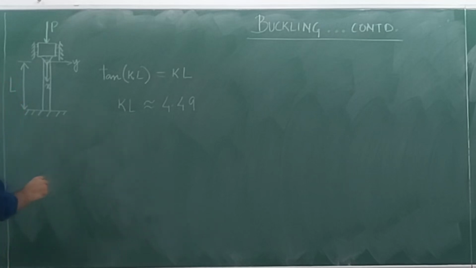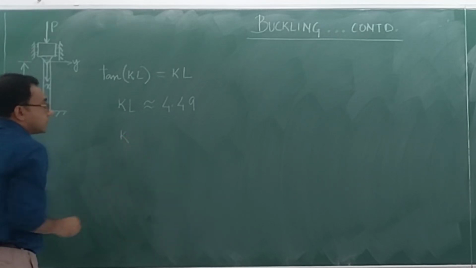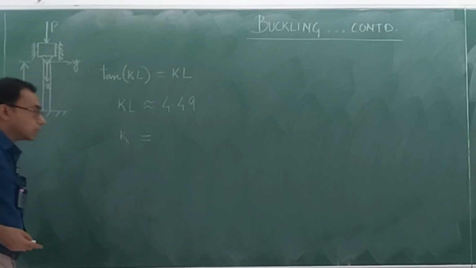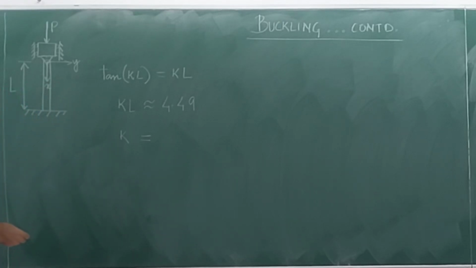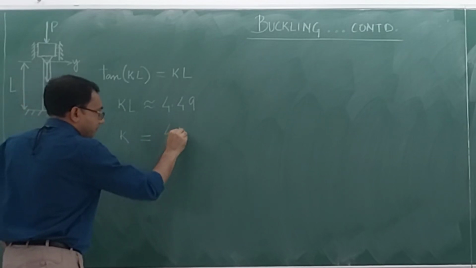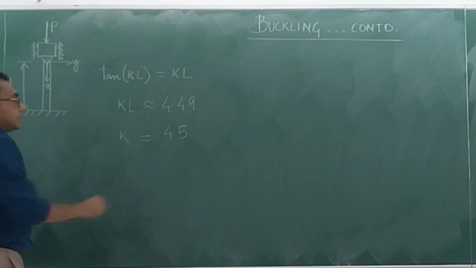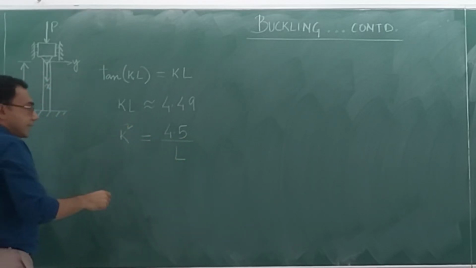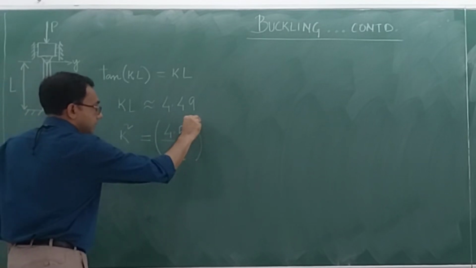All right. Now, K, from now on we'll use equal to in proper engineering spirit, and we'll also call this 4.5, divided by L. And we want K square, because K square is equal to P by EI.